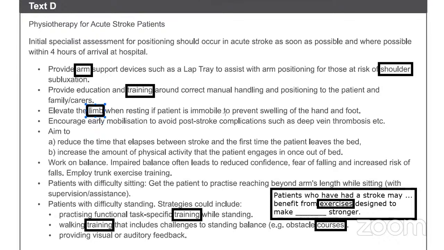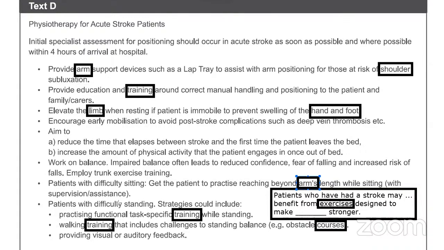Limb. Hand and foot. Relations are building up. Then next. Arm. Arms and hands.